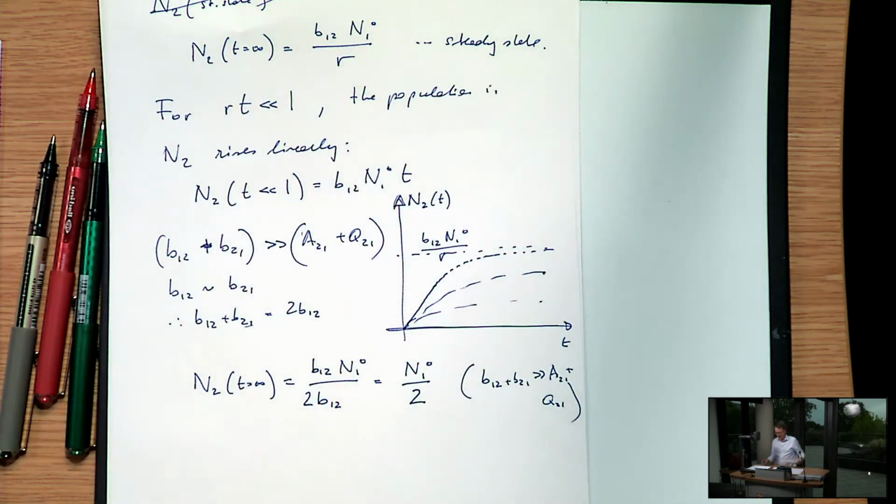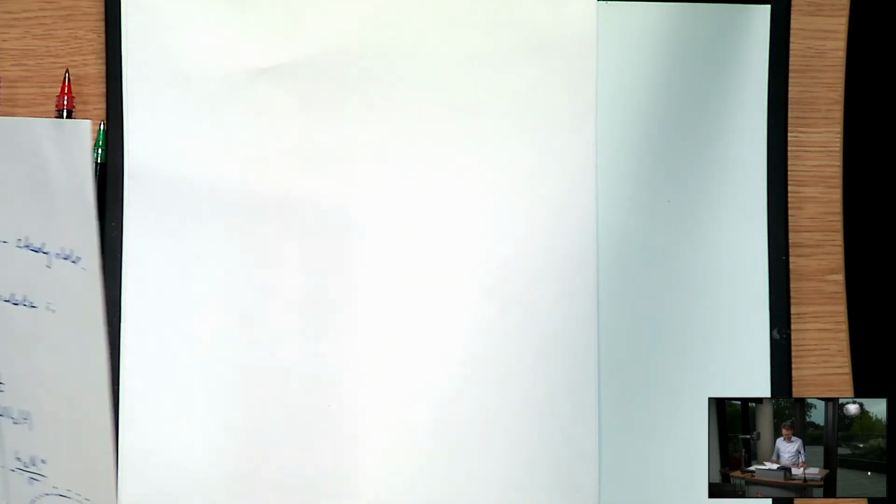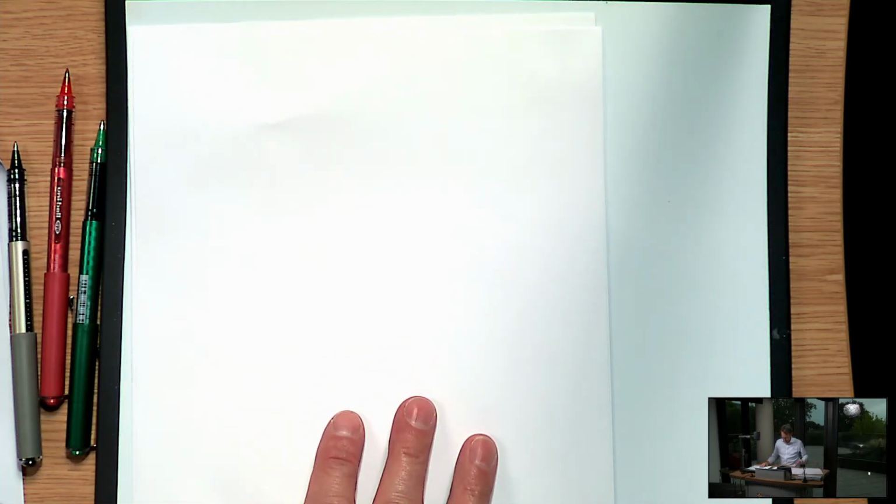Okay, so what we can do now, briefly, is recast these equations into a different form. We can rearrange the steady state value.